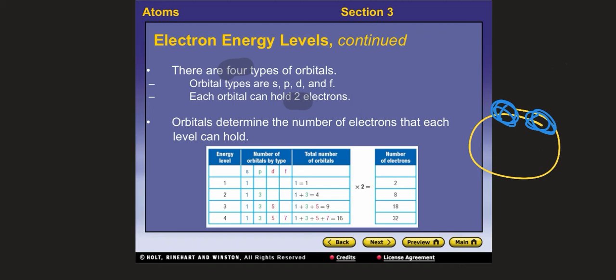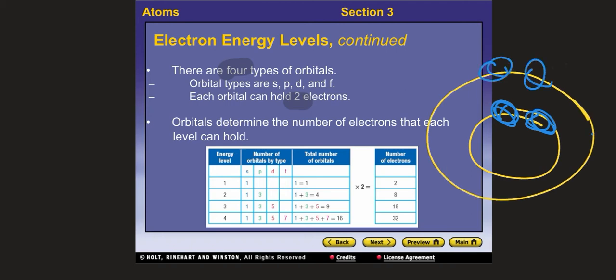And so the second energy level can hold up to 8 electrons. And so each orbital can hold 2. If we have one s and 3 p orbitals, that's 4 total orbitals, and that makes 8 electrons.